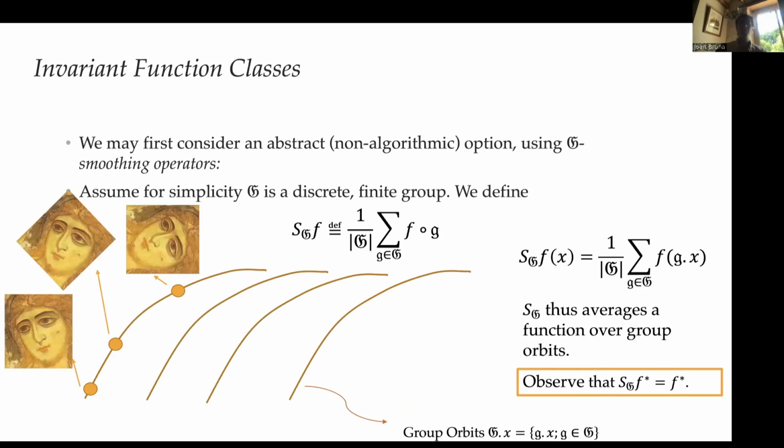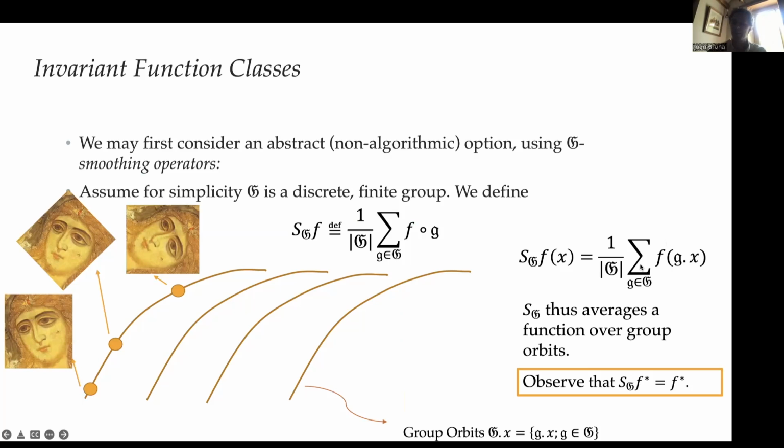Good. So the group smoothing operator is an operation that I apply to a hypothesis, to a function that maps the input to my machine learning model to the output. Given an input x, I'm going to consider all the transformed versions of x.